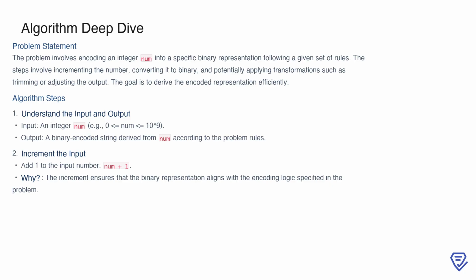This ensures that the subsequent steps operate on a modified version of the input that adheres to the encoding requirements. The goal is to derive this encoded representation as efficiently as possible, given the constraints of the problem. So, the input is an integer number, and the output is a binary encoded string derived from this process.